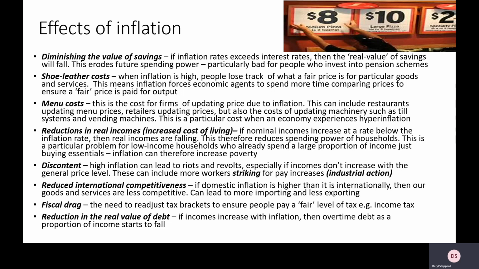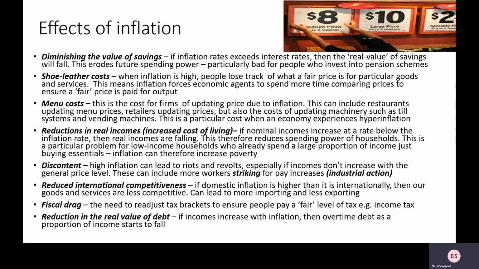So people who experience high inflation and see their living standards fall might strike from work in order to demand higher rates of pay. We also know that inflation would lead to a reduction in international competitiveness. So high inflation will mean that our price levels are growing at a quicker rate than what they are elsewhere in the world. And this could lower the demand for our exports, and this could worsen our trade performance.